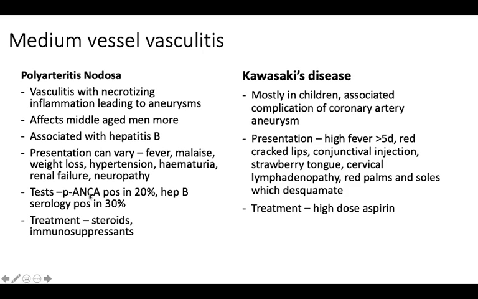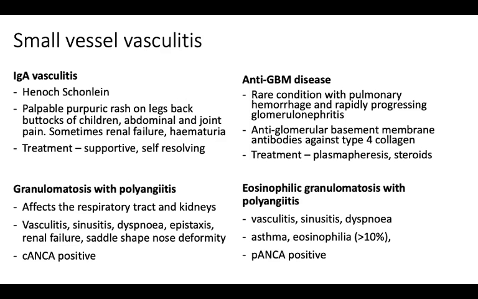They are P-ANCA positive, so this is an antibody blood test basically, and in 20% of patients with PAN, they can have a positive P-ANCA. So it's not very specific to PAN. So if we just quickly go to the next slide, as you can see, eosinophilic granulomatosis with polyangiitis was also P-ANCA positive.